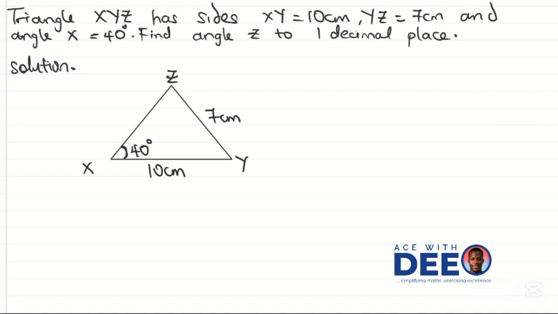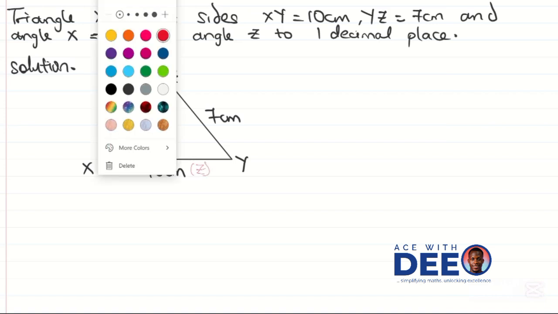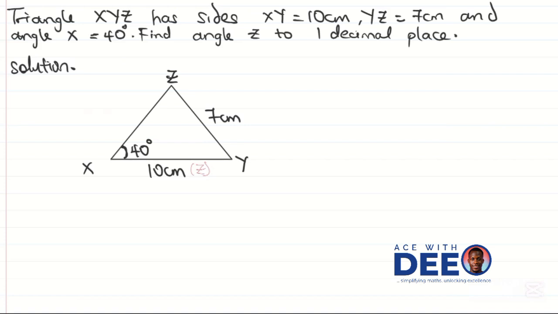All right, so this is a question on trigonometry. This side XY is actually the same thing as side Z, because it's the side facing angle Z. This side YZ is also the same thing as side X, small letter X, because it's the side facing angle X, and the side XZ is small letter Y, because it's the side facing angle Y. And we have angle X to be 40 degrees.